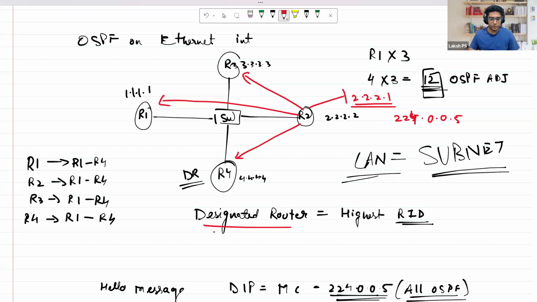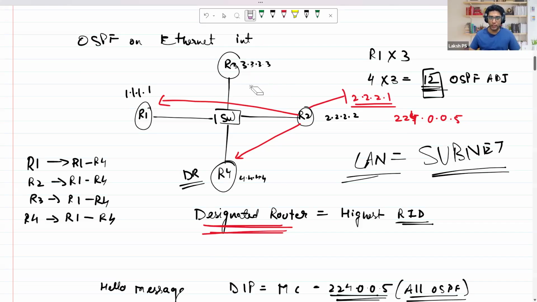Then what is the purpose of the designated router in this scenario? The deal was R2 should send this update only to the designated router. It should not send the update to every other router. But because OSPF is using 224.0.0.5, the all OSPF routers multicast address, R2 will send this update to every other router as well, even though there is a designated router.